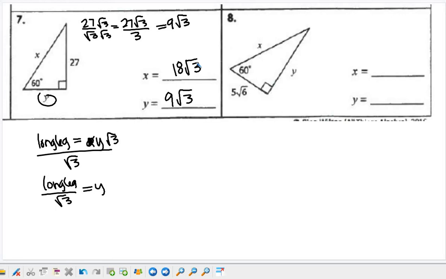So in number 8, if this is 60, this is 30, so we're actually given the short leg. So again, if you look at your ratios, the long leg is the short leg times the square root of 3. So that would be 5 square root of 6 times the square root of 3, which is 5 square root of 18, which we need to simplify, which gives me 15 square roots of 2 for my long leg, which is, in this case, y.